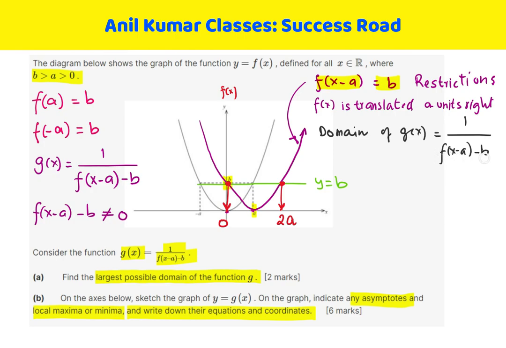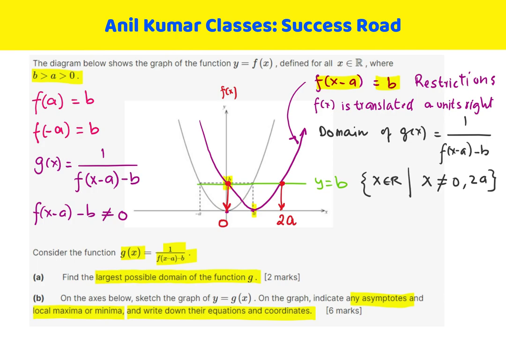So the denominator is 0 for x equals 0 and 2a, right? So x belongs to real numbers where x is not equal to 0 and 2a. Is that clear to you?